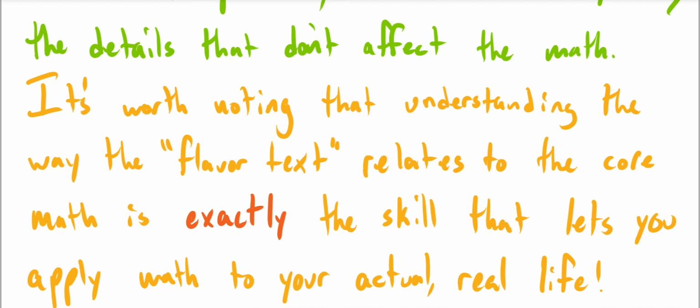The relationship between the details and the math, the way that the flavor text of the problem relates to the pertinent mathematical details of the problem, it is that relationship. It is seeing that relationship that is exactly the skill that lets you apply math to your real life. So how do those mathematical facts relate to those linguistic facts? If you can see that connection, then this becomes applicable for you. And until you can see that connection, math will be a dead, boring subject.